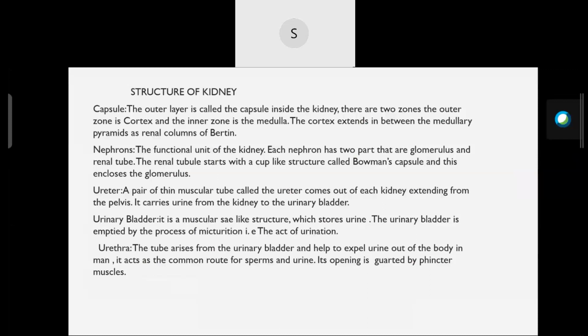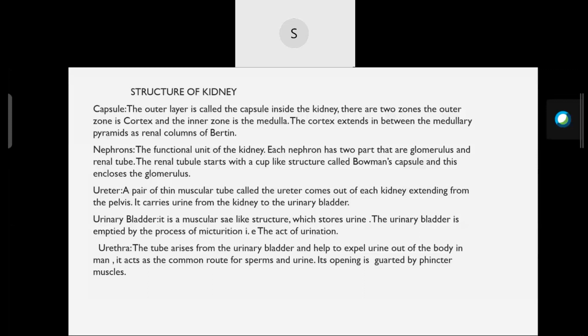Urinary bladder. It is a muscular, sac-like structure which stores urine. The urinary bladder is emptied by the process of micturition, the act of urination. Urethra. The tube arises from the urinary bladder and helps to expel urine out of the body. In men it acts as the common route for sperm and urine.